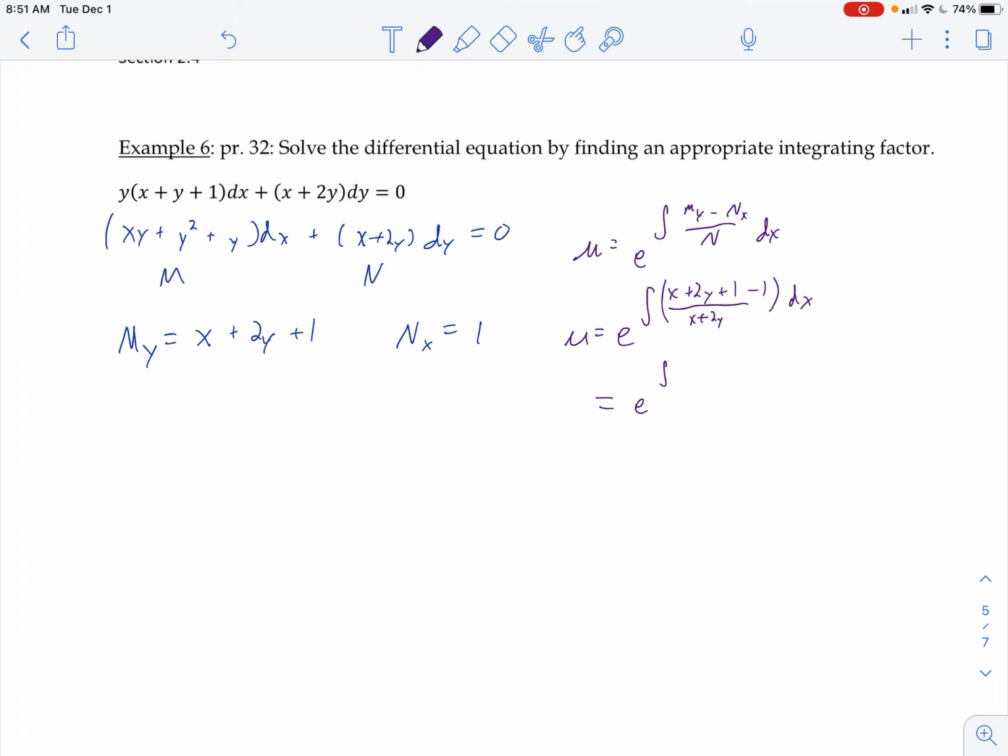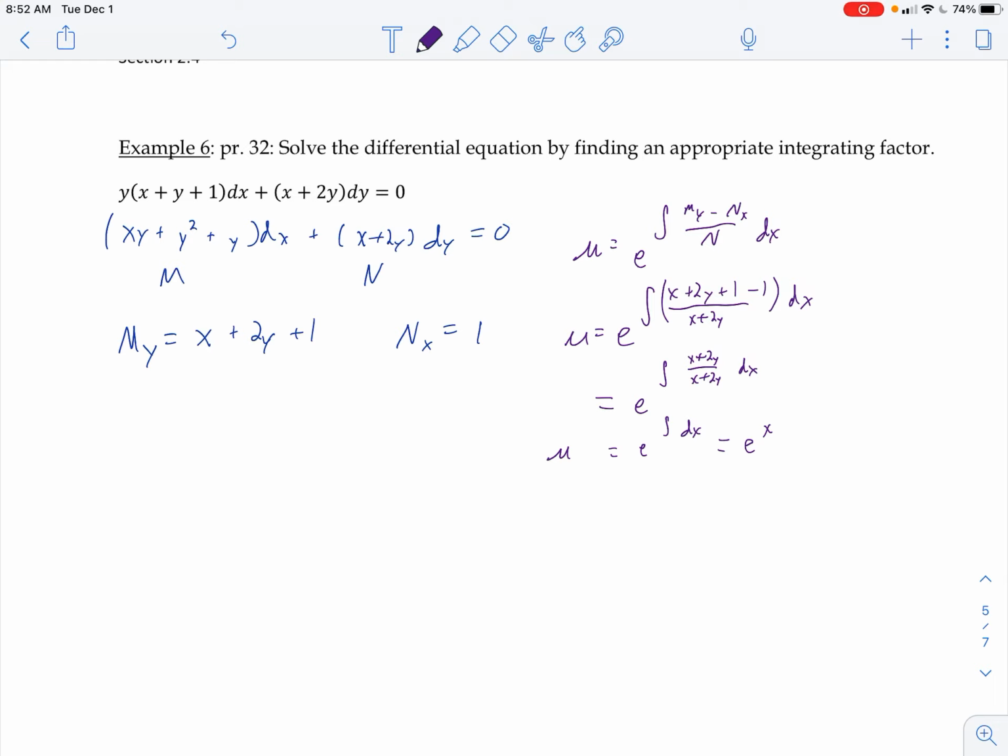When we do that, we get e to the integral of (x + 2y)/(x + 2y) dx. So it's just e to the integral of dx, which when we integrate is e to the x.